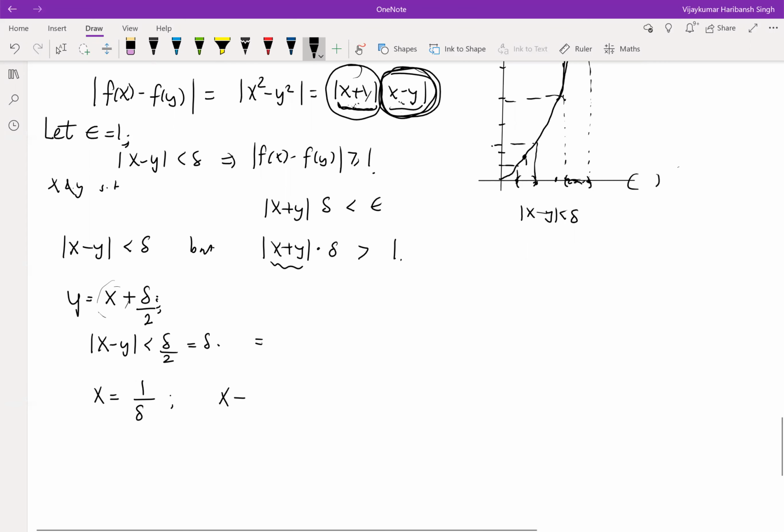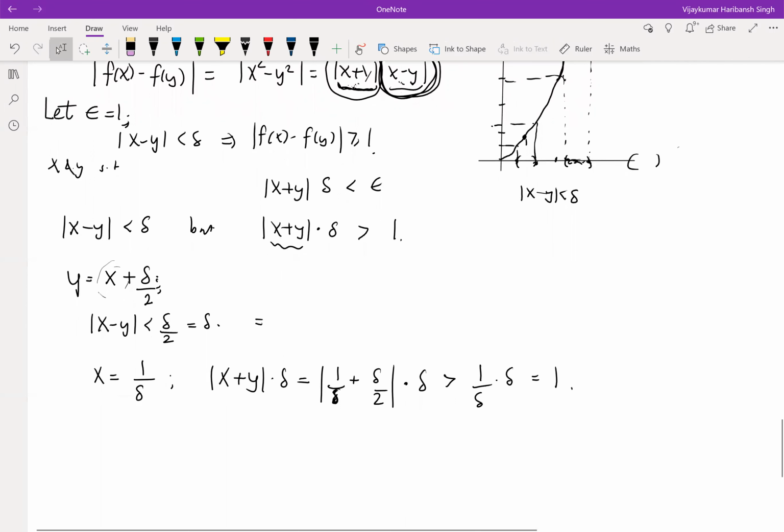So let's see, x plus y is going to be 1 by delta plus delta by 2, times delta. This is going to be bigger than 1 by delta times delta, which is 1, because these terms are positive, right? So x equals 1 over delta does the job, right?